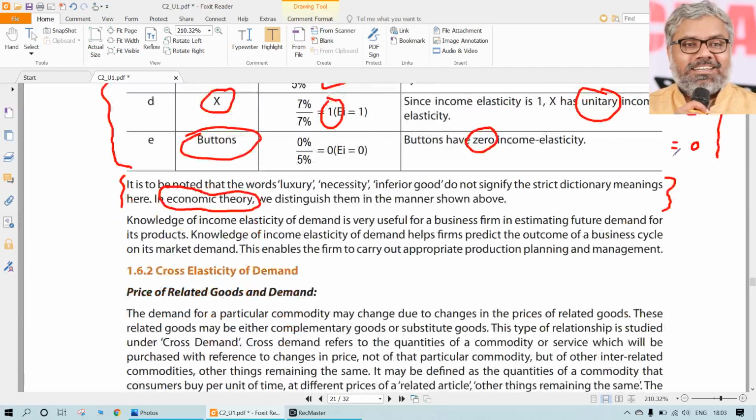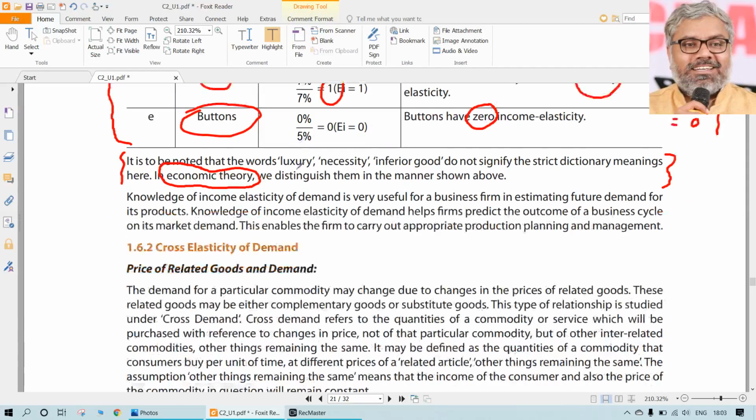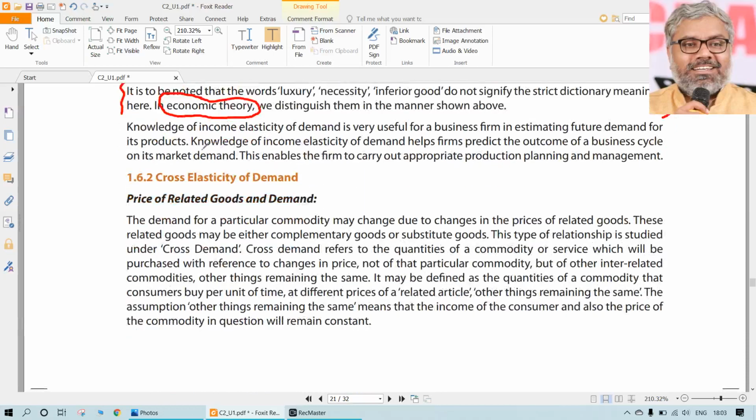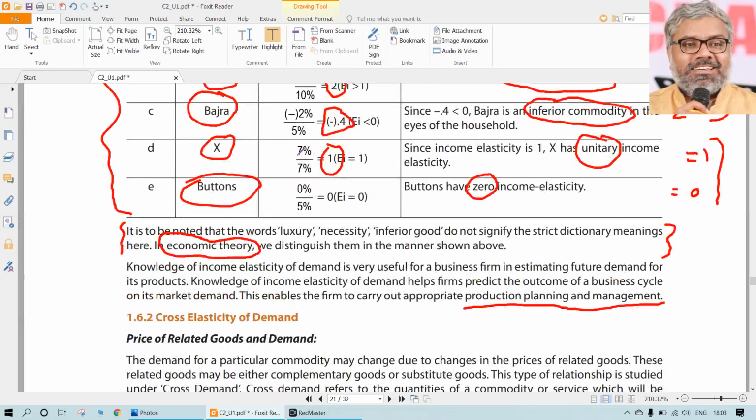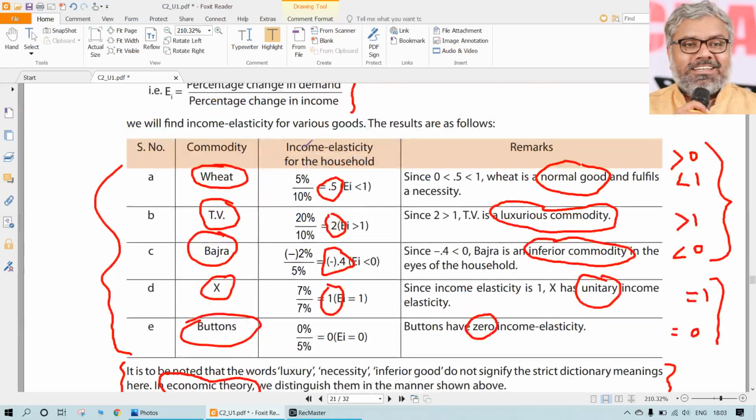You should be very clear about income elasticity of demand behavior related to all types of goods. Of course, knowledge of income elasticity also is equally important as the knowledge of price elasticity was important earlier. So all things are important for businesses, including production planning and management, which will require proper understanding of income elasticity of demand concepts as well.